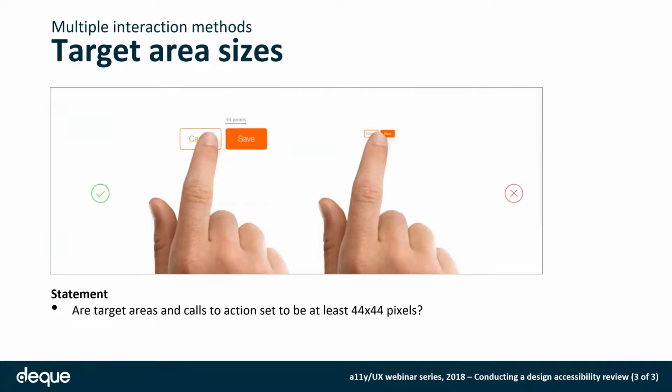So only when you zoom, you will be able to do that, because the target area is pretty close in between those call to action sets. So this completes the multiple interaction methods heuristic, and I will pass on to Denis to take it further.